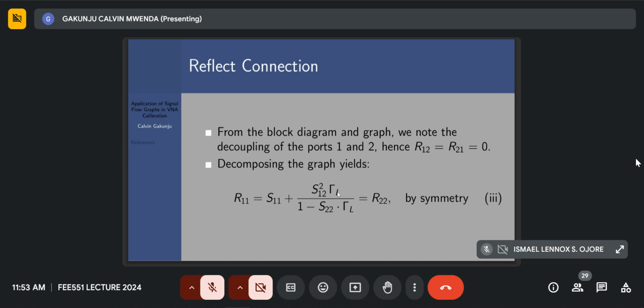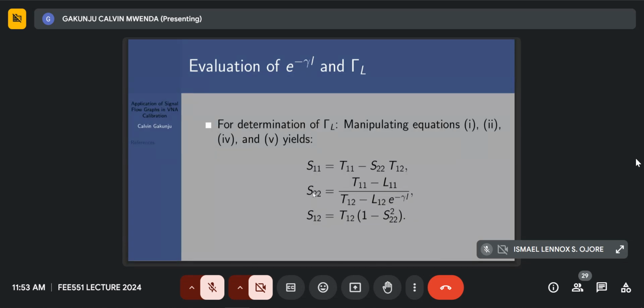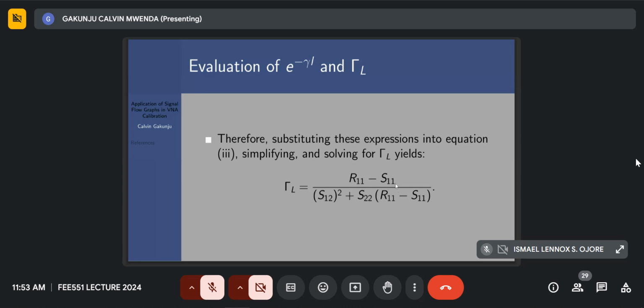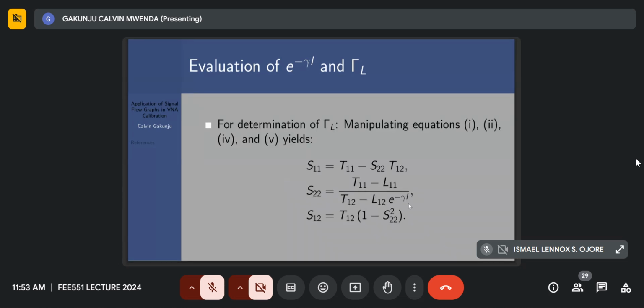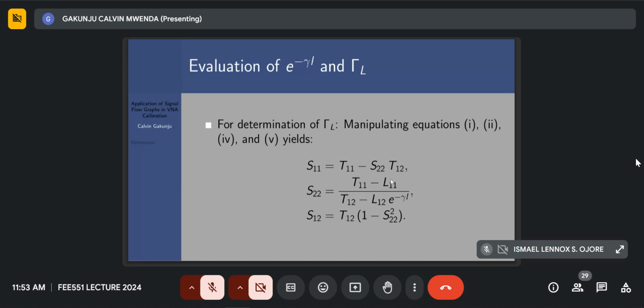So if you write gamma L as the subject of this formula, then as you've seen here, we have equations of S11, S22, and S12 in terms of the S parameters of the TRL variables. You now see that we can plug in S11, S12, S22, and S11 as seen in these equations, and you'll have gamma L completely characterized by the TRL parameters.